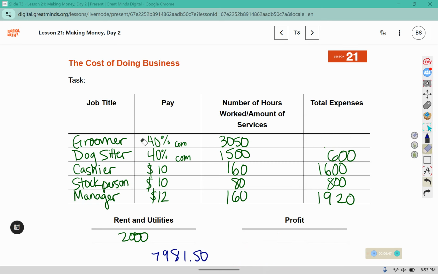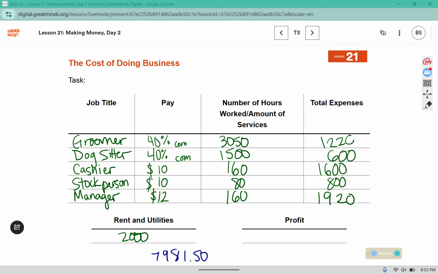What if instead of paying our groomer based on a commission, we paid them hourly? And they also got $10 an hour and worked 160 hours in a month. Would that save me money? No, that would be more expensive.